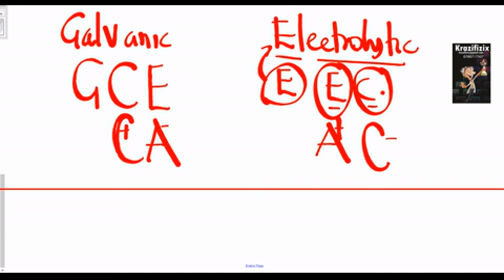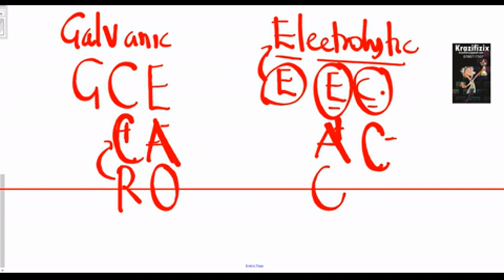In galvanic, my cathode is the positive electrode while my anode is the negative electrode. Here under electrolytic, my anode is the positive electrode and my cathode is the negative electrode. Oxidation always takes place at the anode, and reduction always takes place at the cathode. If you remember this, then you'll always be fine.